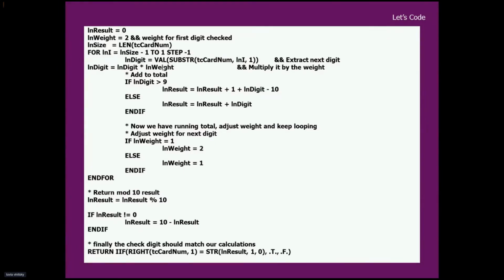The weight is a different number depending upon where in the credit card number this digit is located. It starts off at 2, and then it rotates between 2 and 1. So depending on what column we're in, we're going to multiply the digit in that column times 2 or times 1. And then we're going to add it to a running total.